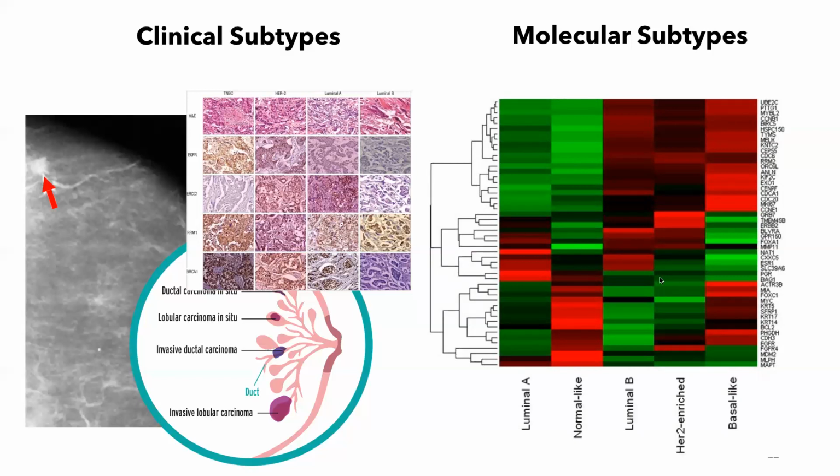These other types of panels can be Oncotype DX, which has a 21 gene recurrence score, and there's another one called MammaPrint that has a 70 gene signature. This MammaPrint has been approved by the Federal Drug Administration for use in the United States. PAM50 is also now called the Prosigna breast cancer model.